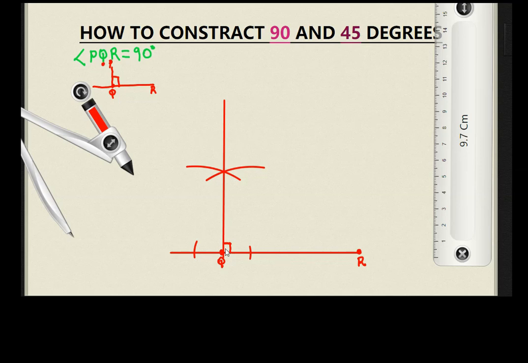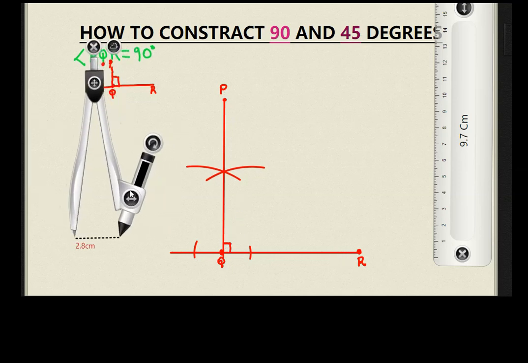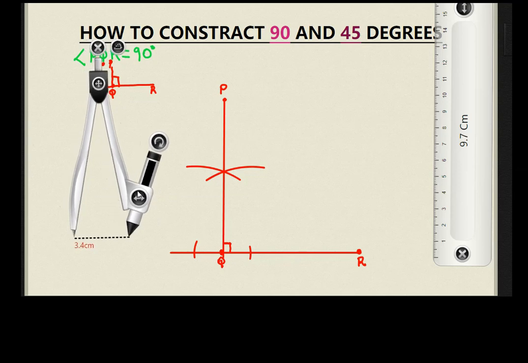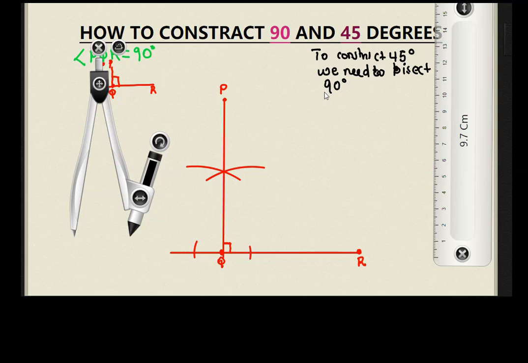We can call this point P such that PQR is 90 degrees. If I want to construct 45 degrees, what I'll do, I will bisect 90 degrees. And that's what we are going to do.